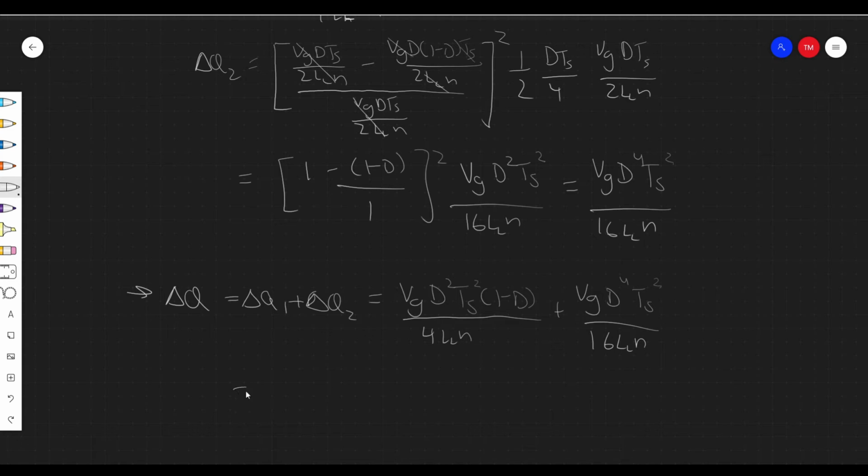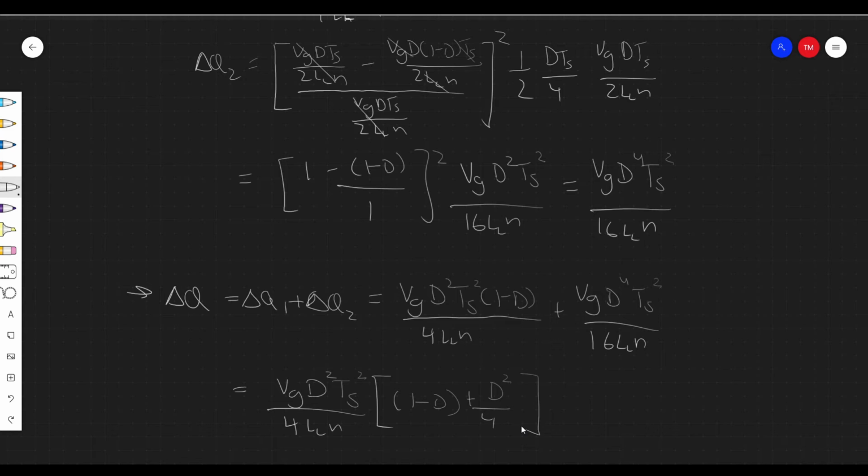And if you want, we can factor this because factoring is nice, right? So we can factor out a huge chunk. And we get 1 minus d here plus d squared over 4.